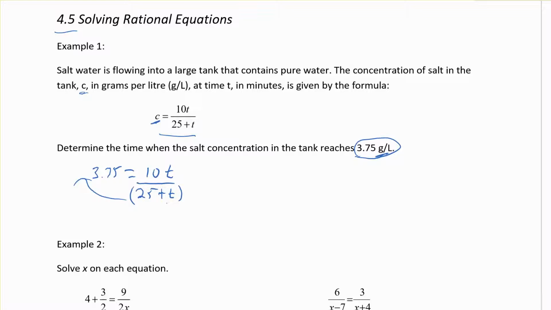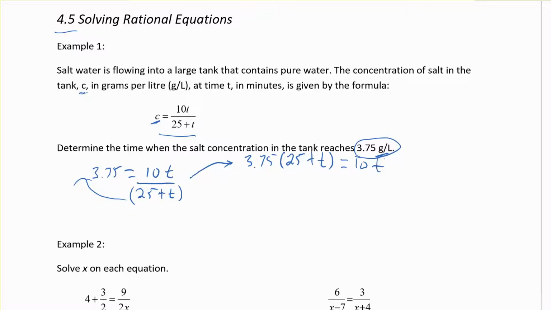Yeah, so that's just a little trick. So same thing. I'm going to finish writing this over here maybe. So if I do that, then you've got 3.75 times 25 plus t is equal to 10t.